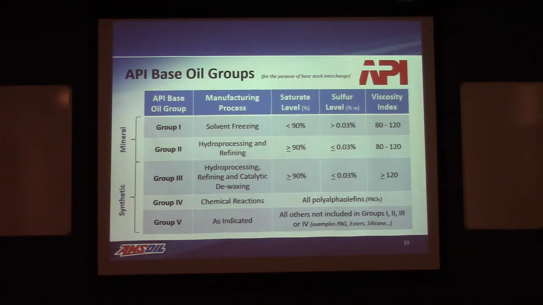And there we're talking about general functionality over a broader temperature range. The higher the number, the broader temperature range it can function over. Group 1 and Group 2 are mineral oils that are derived from some type of manufacturing process, usually a refining process.